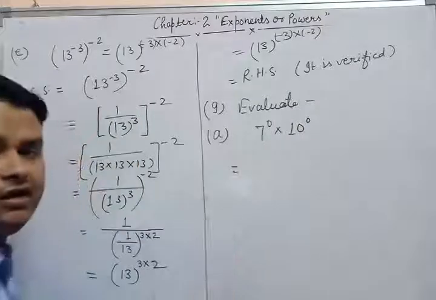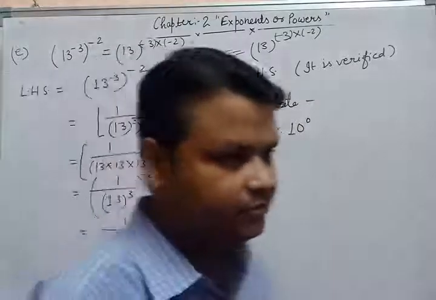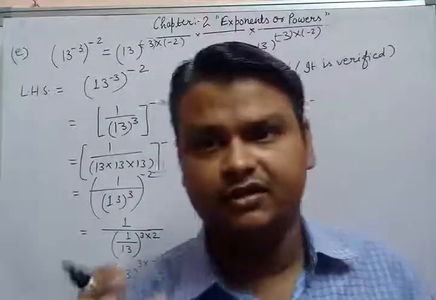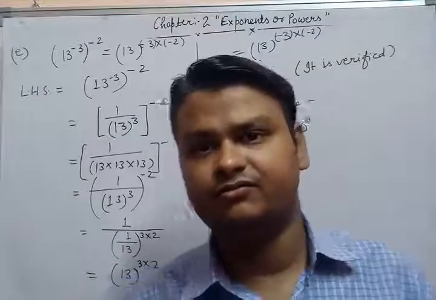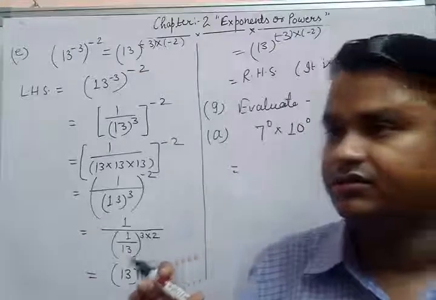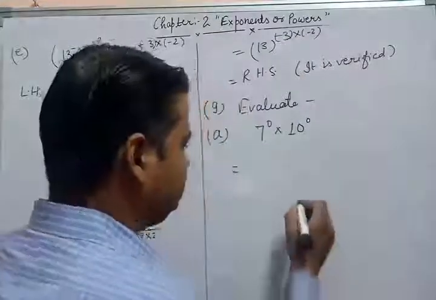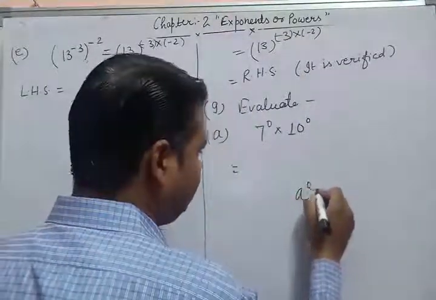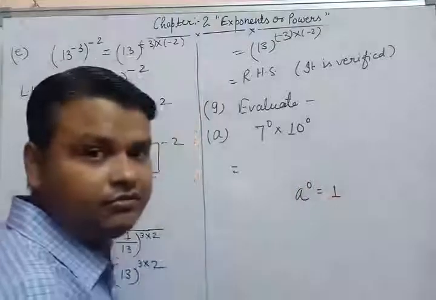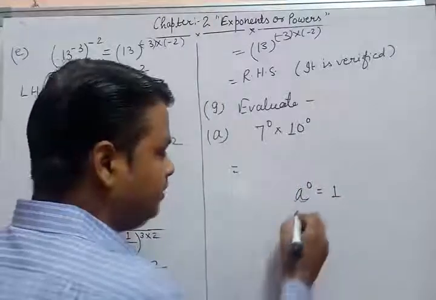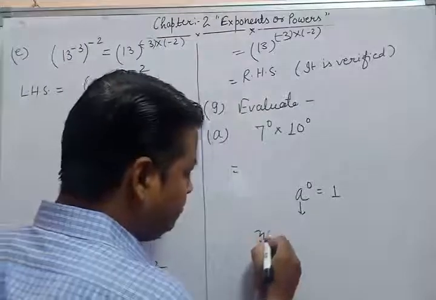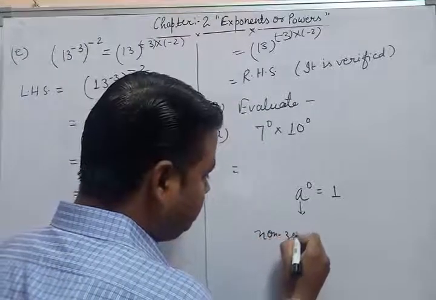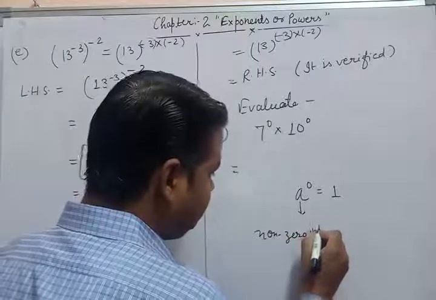Listen students, I have told in the previous video that any non-zero integer to the power 0 is always 1. A to the power 0 is equal to 1, where A is a non-zero integer.